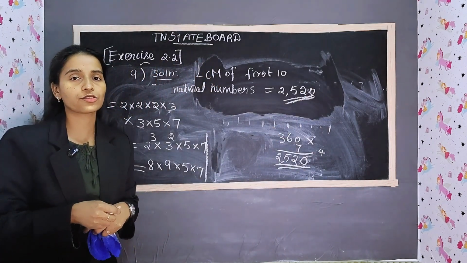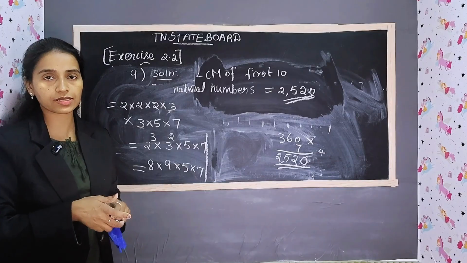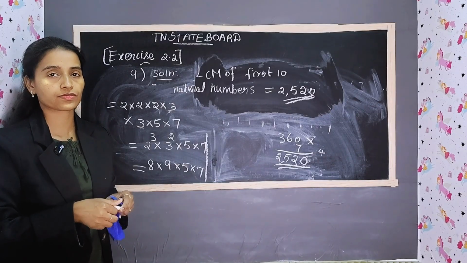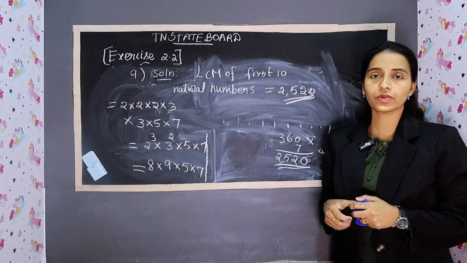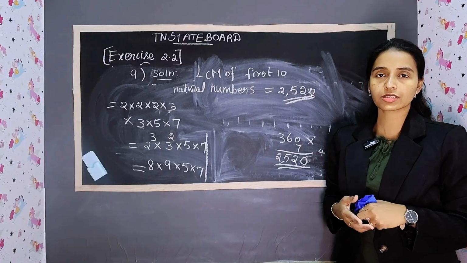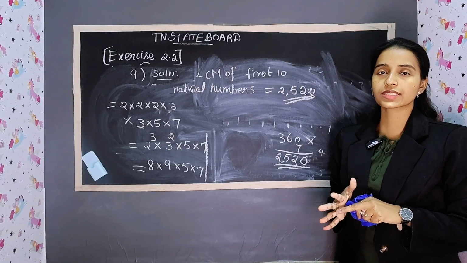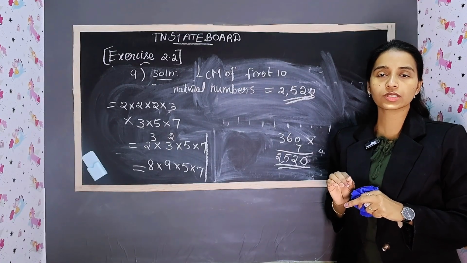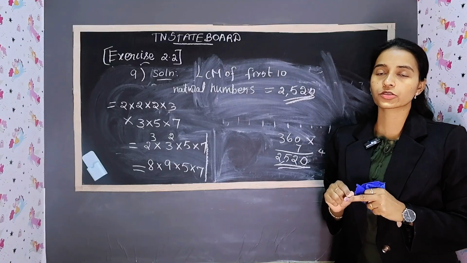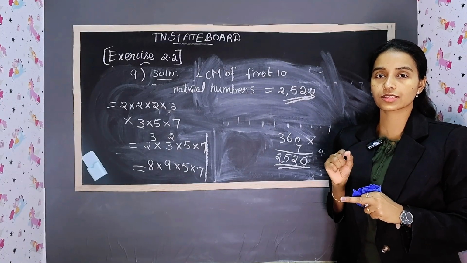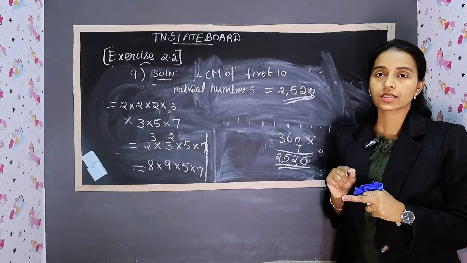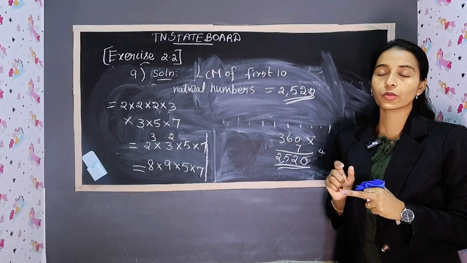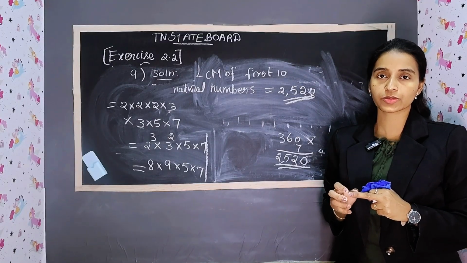This is the answer of problem number 9 in exercise 2.2. This is all about 9th problem in exercise 2.2. The basic thing is you have to know the concept of LCM so that you can solve this problem easily. Before starting this problem, you have to understand the concept of LCM.